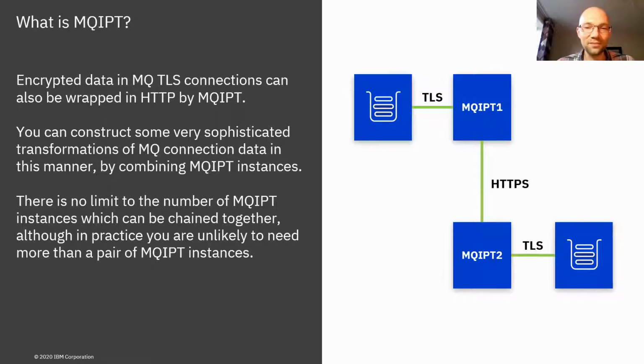And then we can take off the HTTP wrapping in the second MQIPT and then pass on the connection in another TLS session to the final queue manager destination. So there's a lot of different things that you can do with MQIPT, very flexible, and essentially it just lets you build your network in a way that is more convenient to you, or at least that is the goal.